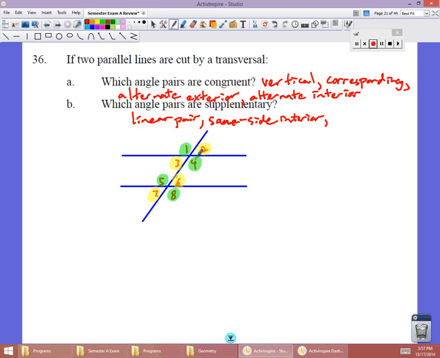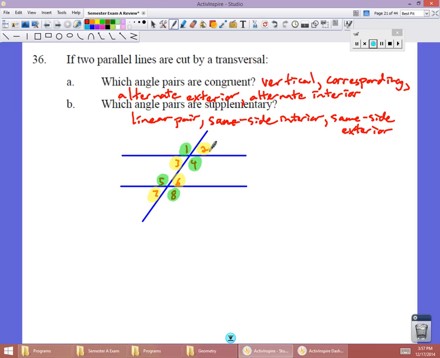And if we take a look at angles 2 and 8, those are also supplementary, and those are what we call same side exterior. And really, in our drawing, any angle that's green added with any angle that's yellow is going to be supplementary.